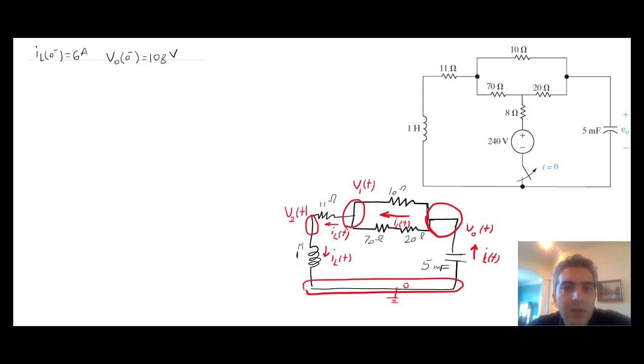So let's calculate the value of that resistance before doing anything else. So equivalent resistance in that circuit between these two nodes would be the 11 ohm added to 90 ohm in parallel with 10 ohm. Now this is going to be 9 ohm, and plus 11, that would be 20 ohm.